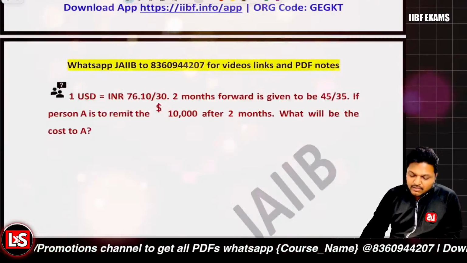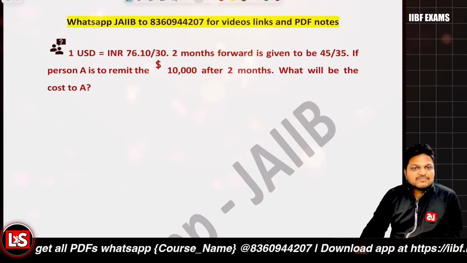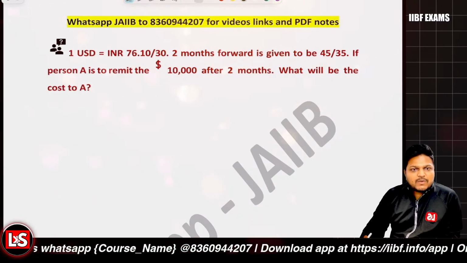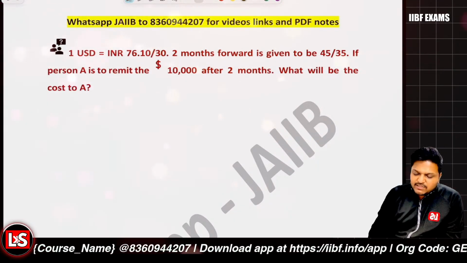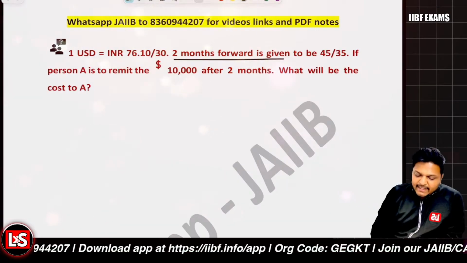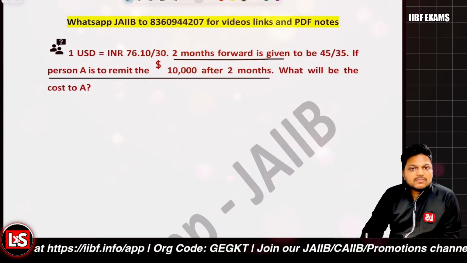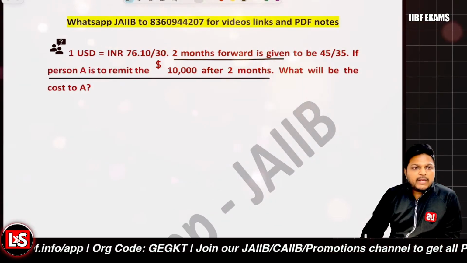Okay. Further, now let's move toward the next question. It says that 1 USD is equal to 76.1030. 2 month forward rate is given. And if person A is to remit the money after 2 months, what will be the cost to A?